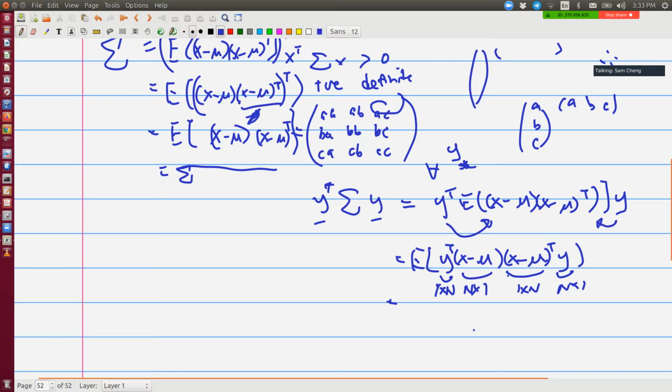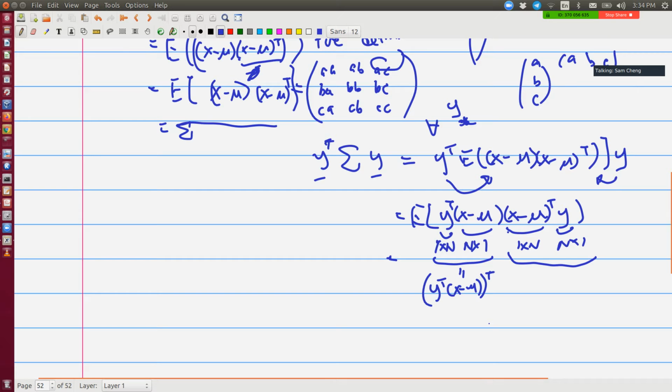So 1 by n times n by 1 is just a number, and this is also just a number. Since it is just a number, its transpose is the same as itself, so this is just equal to y transpose times x minus mu, transposed.